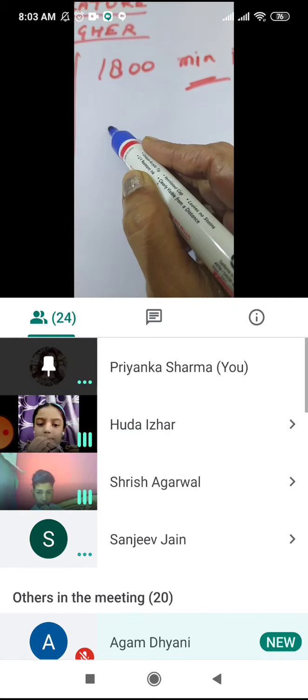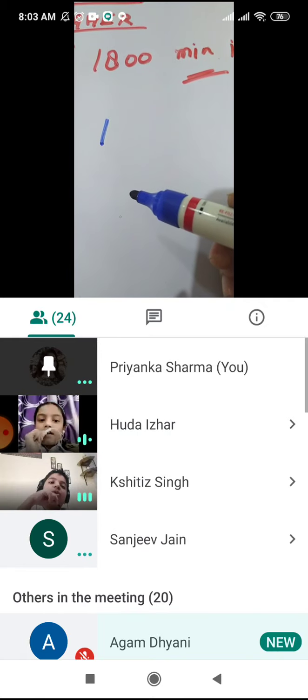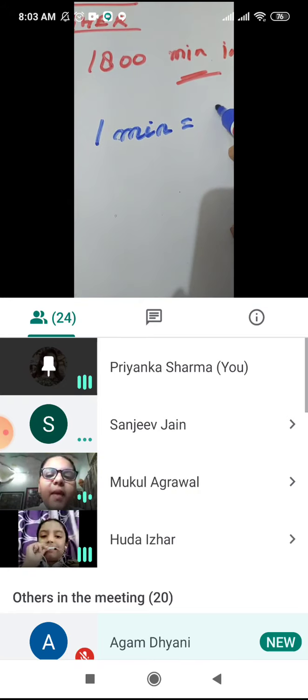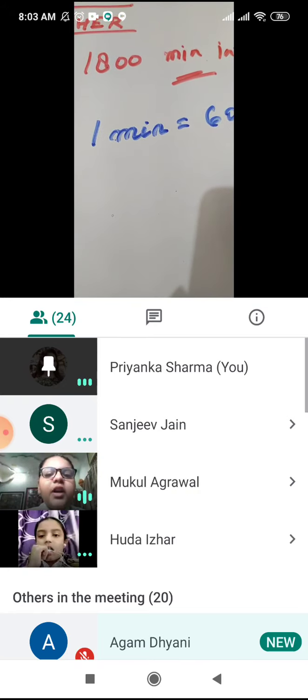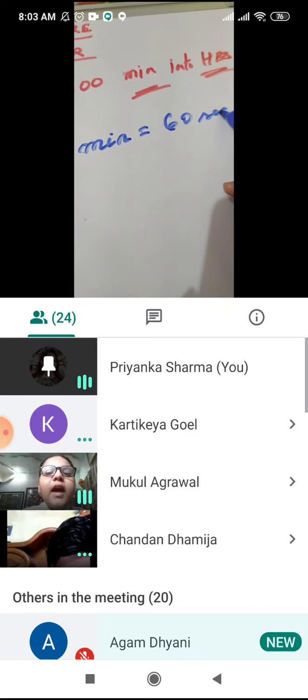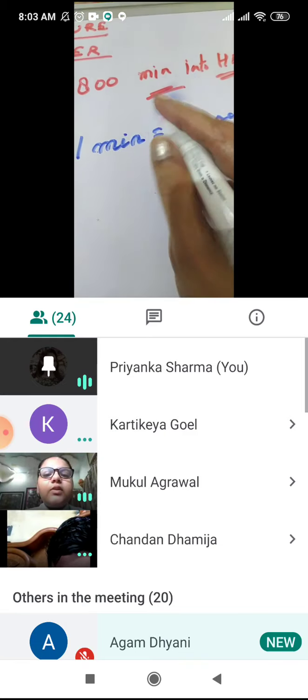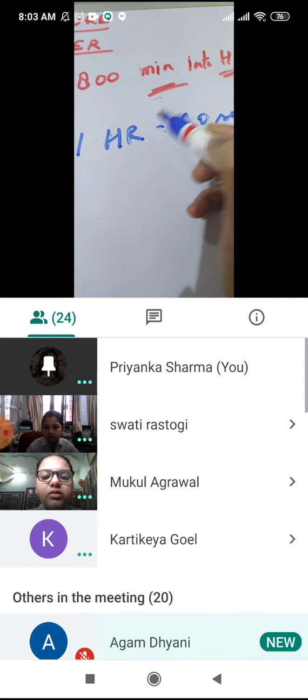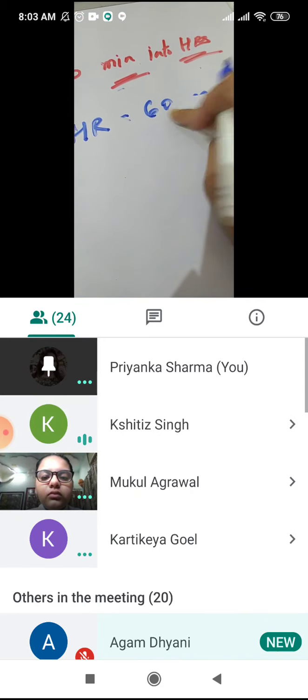Earlier, 1 minute is equal to 60 seconds. But here we are talking about minutes and hours. So we are going to write 1 hour is equal to 60 minutes.